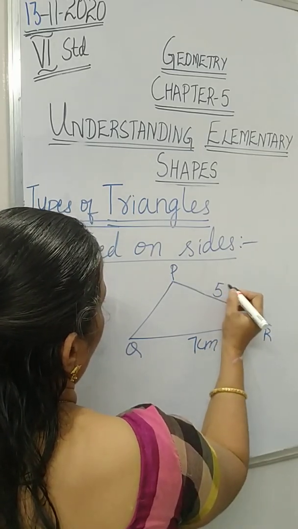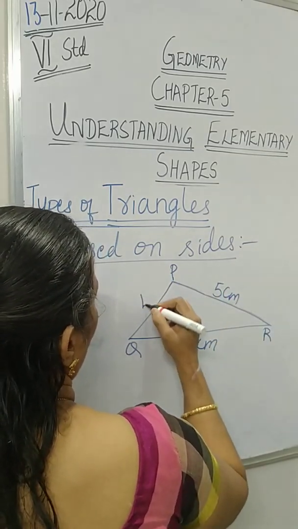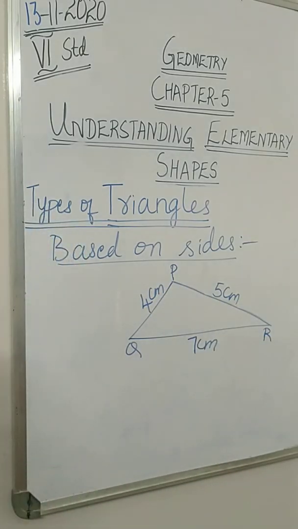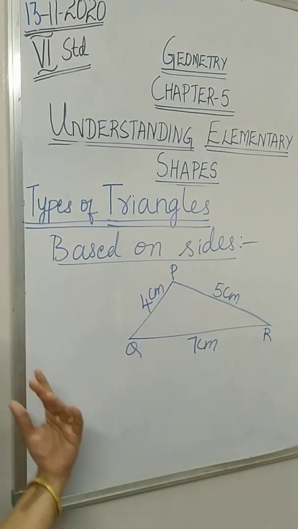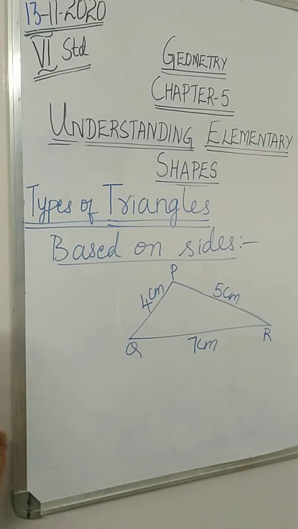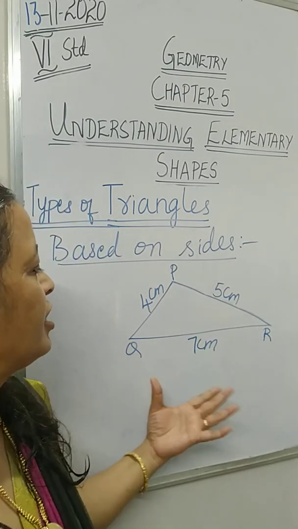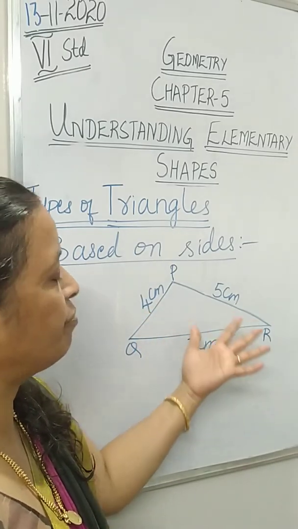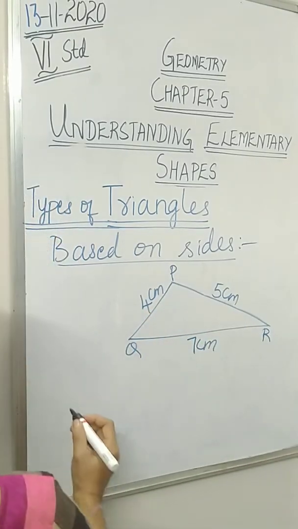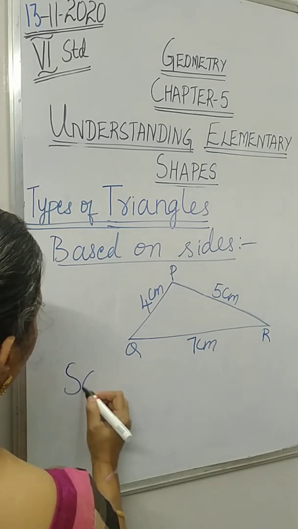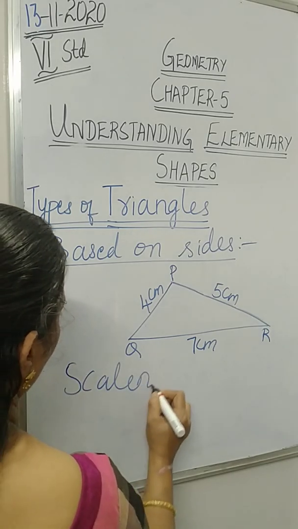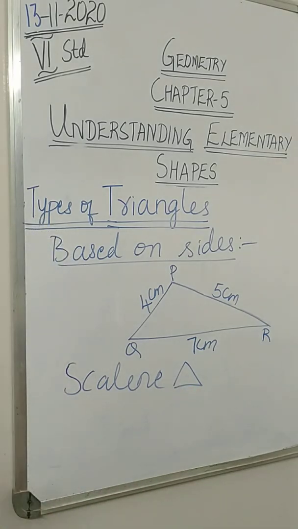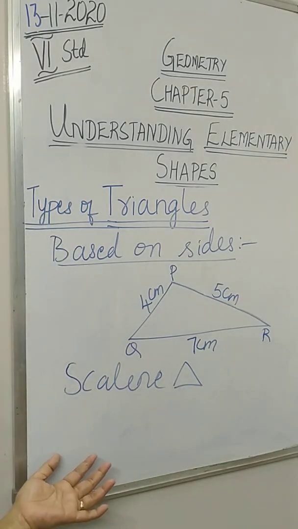This is 5 centimeter. And this is 4 centimeter. All the measurements are of different length. So a triangle which has all three sides of different measurement is called a scalene triangle. This is the third type of triangle we have learned.